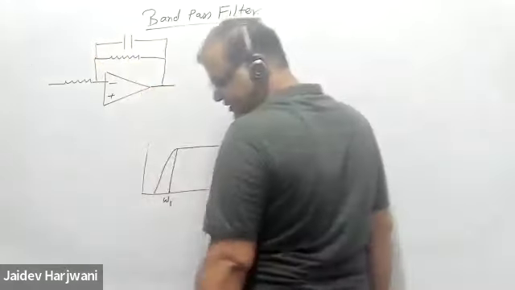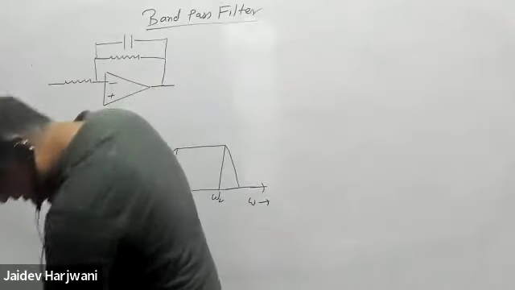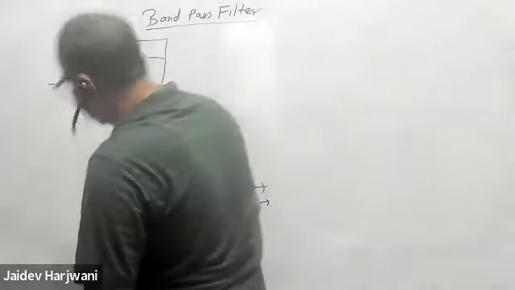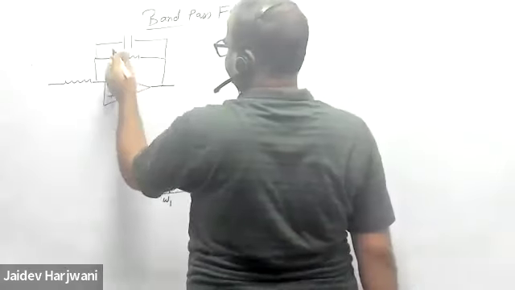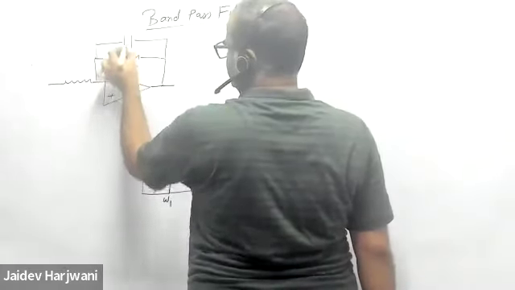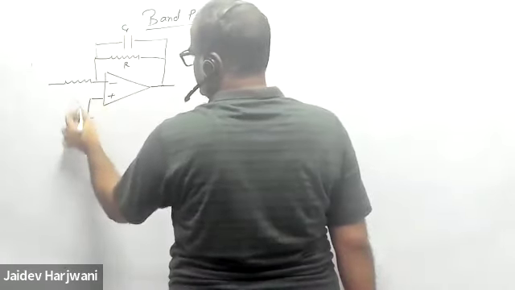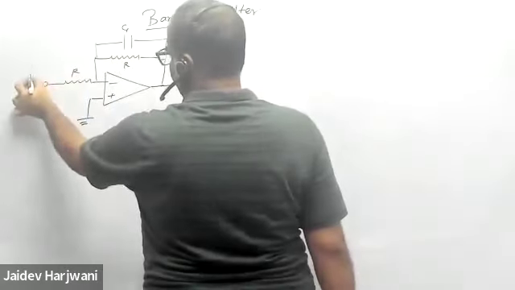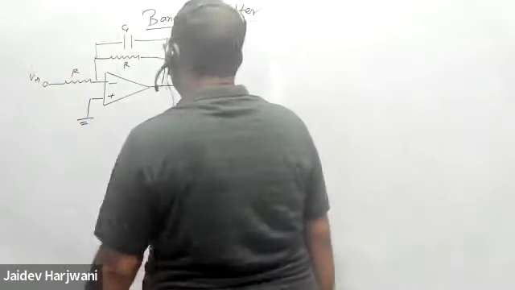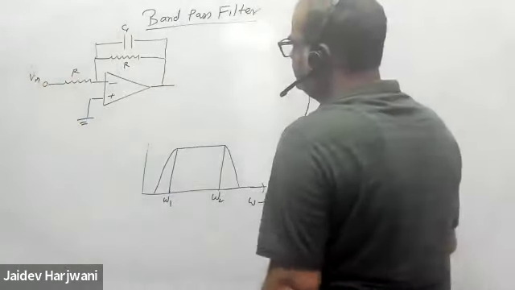In the low pass filter, this is your R, and this is your C1, and this is ground. Say this is R. Here you are applying V input.